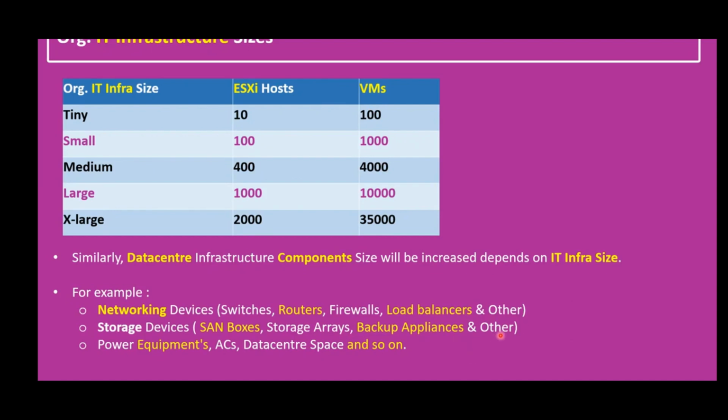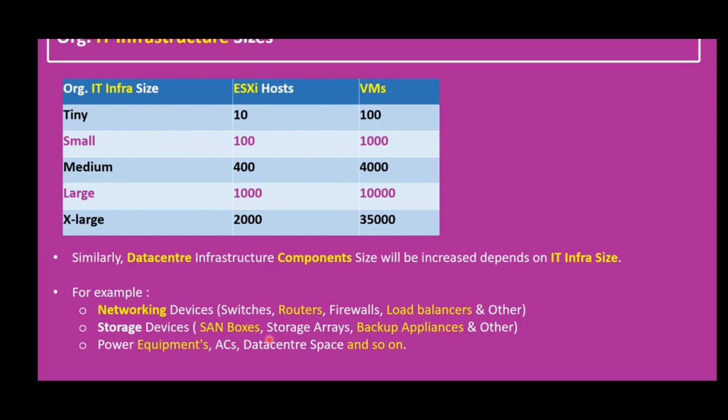And we also need other devices like tape libraries and external storage boxes. These all come under storage devices. We also require additional power equipment, UPS devices, power supply, transformers, and ACs for cooling purposes, and data center space and so on. These are all commonly required when your organization size is increased. Not only the vSphere components, we should also consider other correlated components. Okay, this is the overview of organization infrastructure sizes.